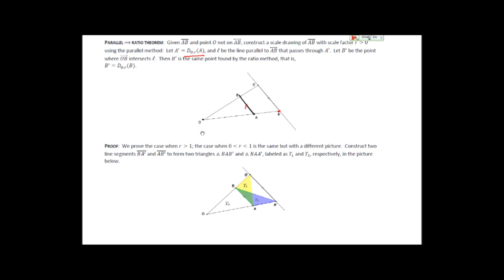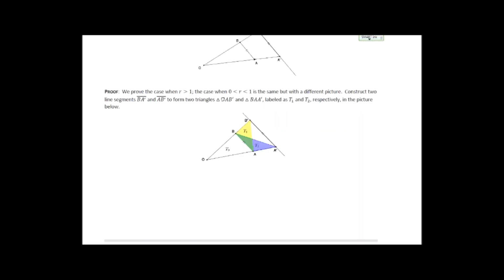And then I use parallel lines to see where it intersects with ray OB, and that this point B prime is where it intersects. And my goal is to prove that that's the exact same point I would have gotten if I would have used the ratio method.